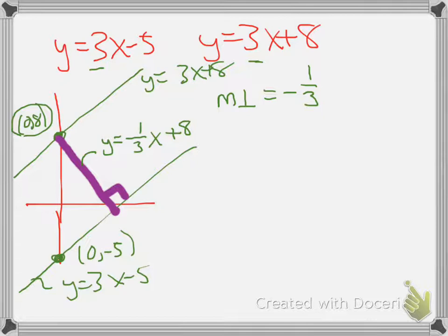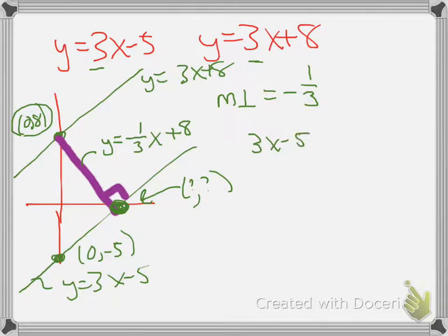We need to find the intersection between that line that we just put in and the bottom line. We need the coordinates of this point down at the bottom that I'm indicating down here. We need those guys. Okay, to do that, we're going to solve the system of equations.